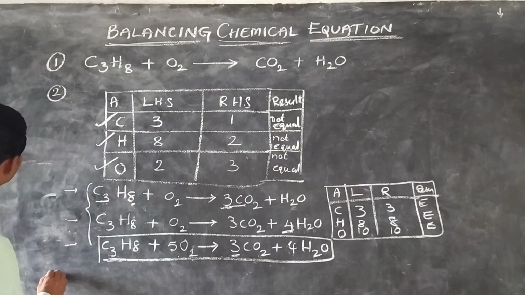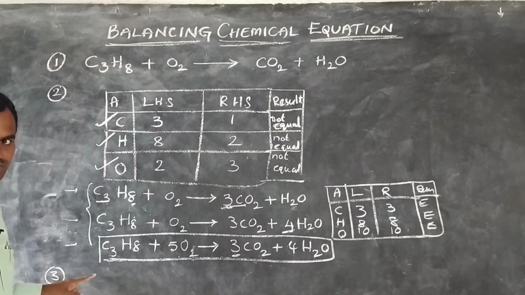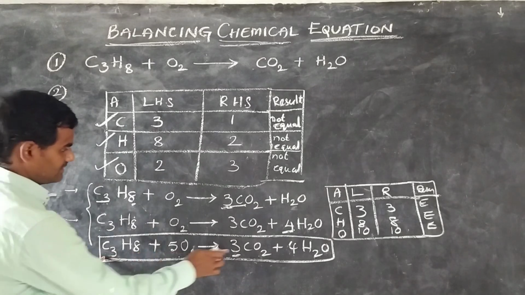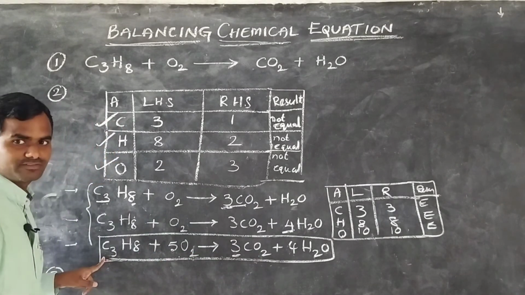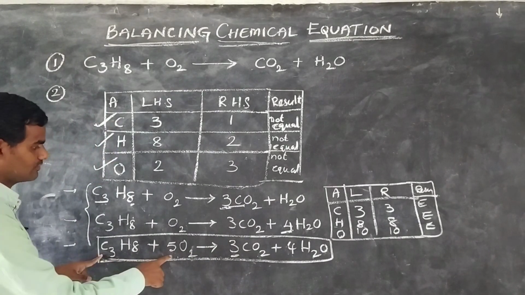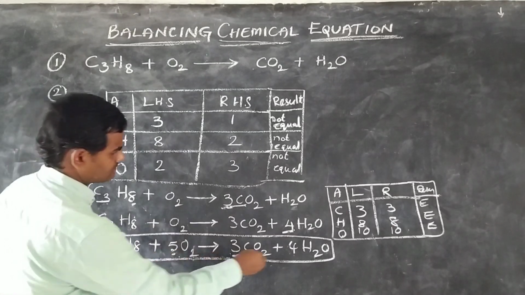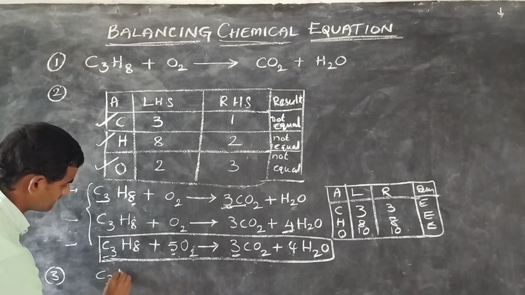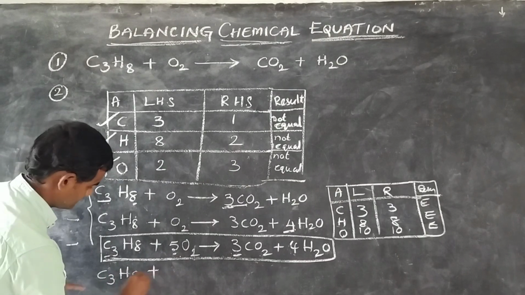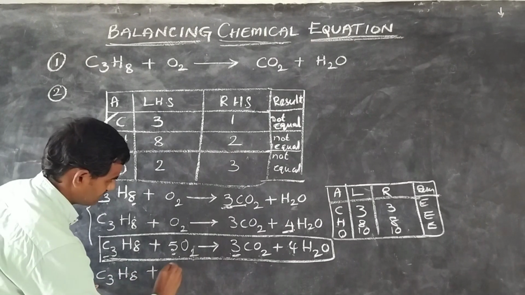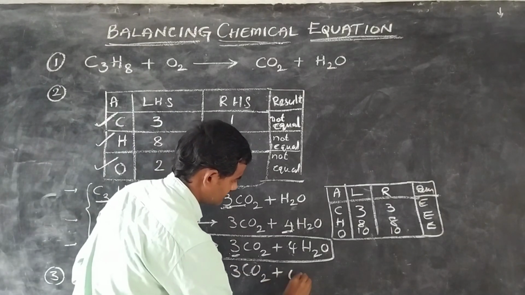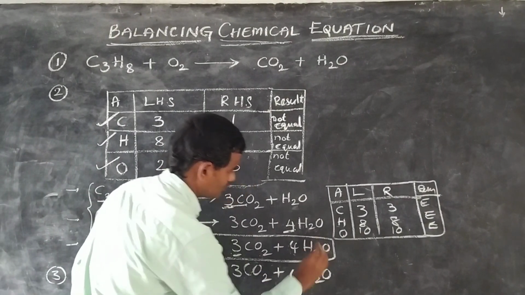In the third step, we have to see whether the equation is in the smallest coefficient ratio. It is already in the smallest coefficient ratio, so there is no need to change this equation. So we can directly write the equation as it is: C3H8 plus 5O2 gives rise to 3CO2 plus 4H2O.